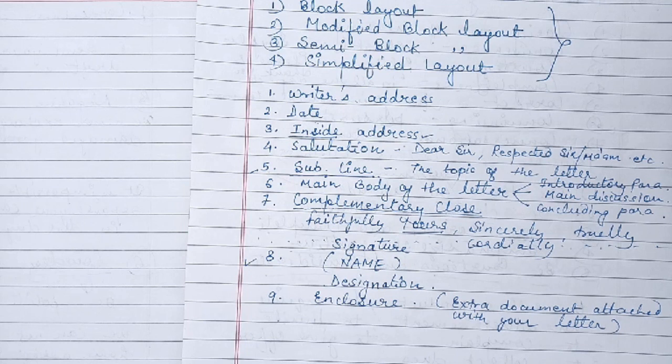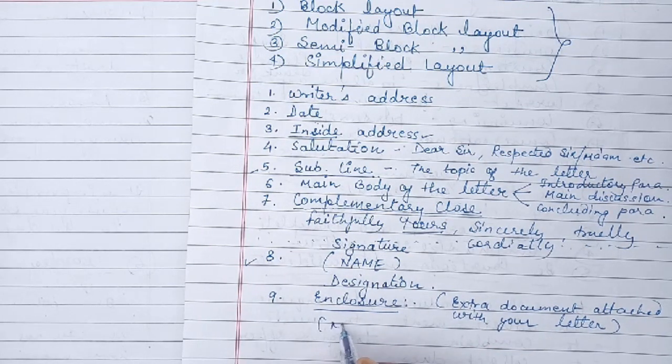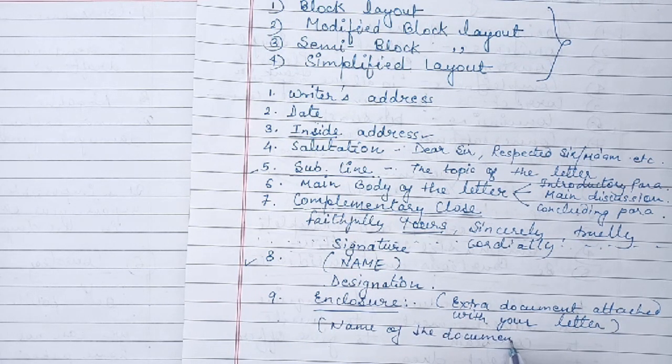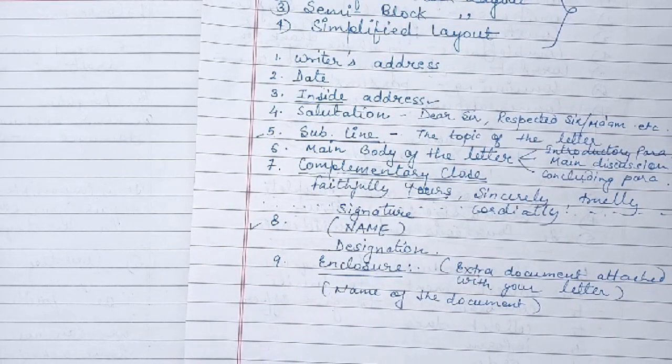You can give that information in the main letter, and you can also write down the name of the document. Enclosure colon, name of the document attached with your letter. It may be a price list in business letters. It may be a CV if you are writing a job letter. It may be any carbon copy, a copy of the same document to be sent to another person to whom you are writing also. So these are the contents of a business letter.